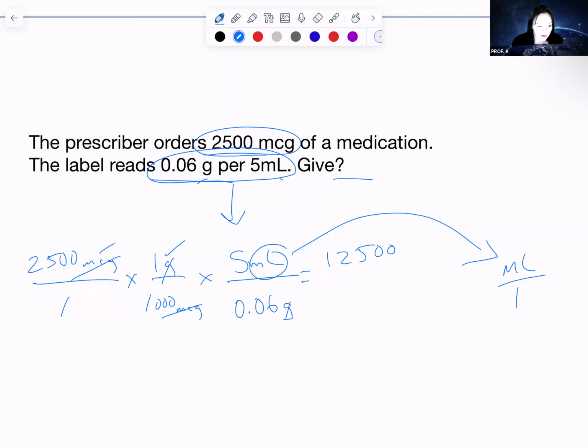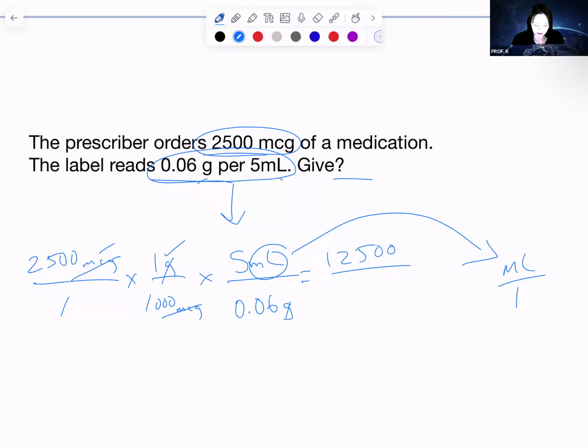All right, so that's 12,500. And then we have 1,000 times 0.06. Sorry, bear with me. I'm having a little technical difficulty. Hold on 1 second. This one, because I have some major math errors here.